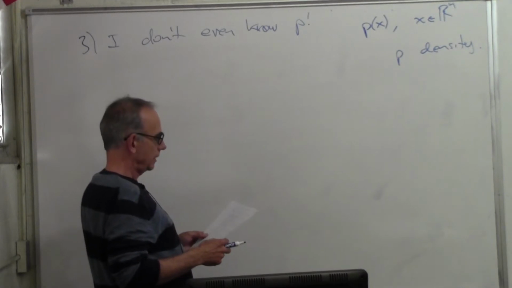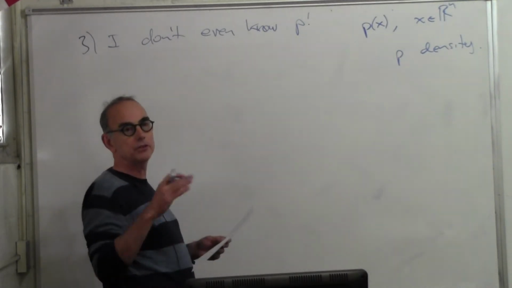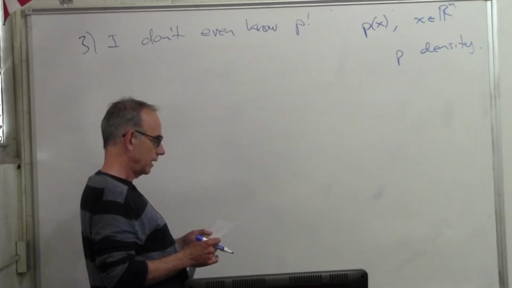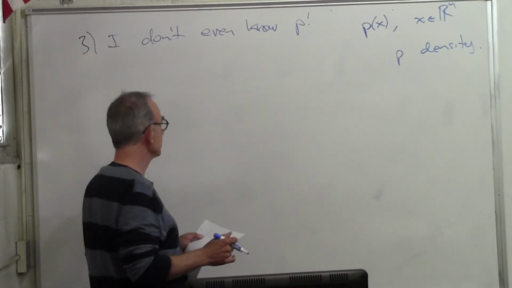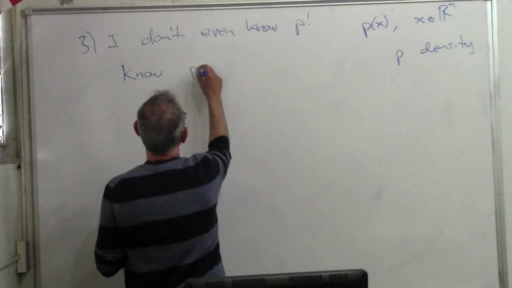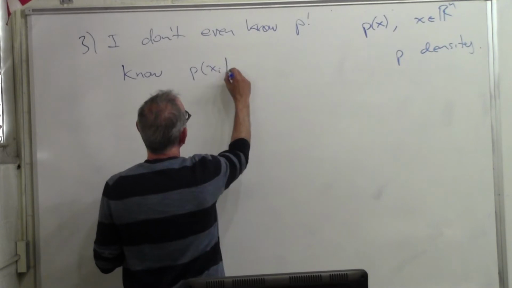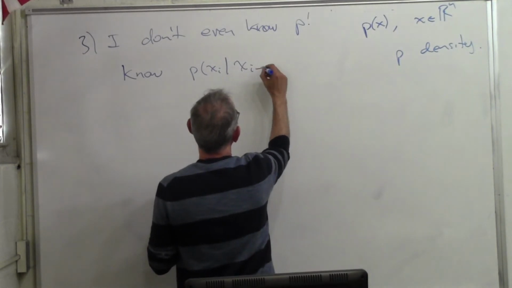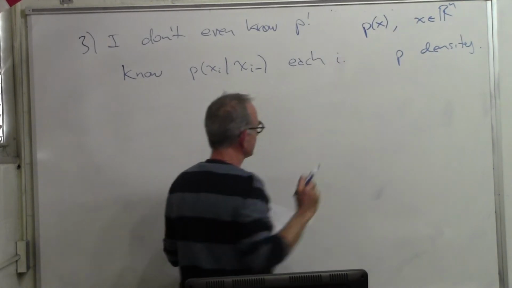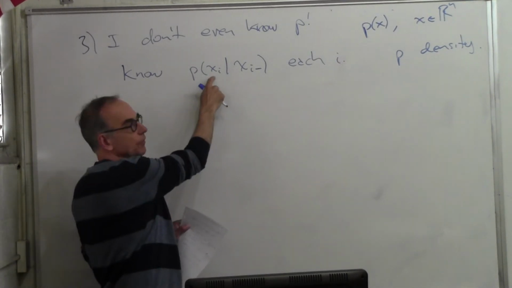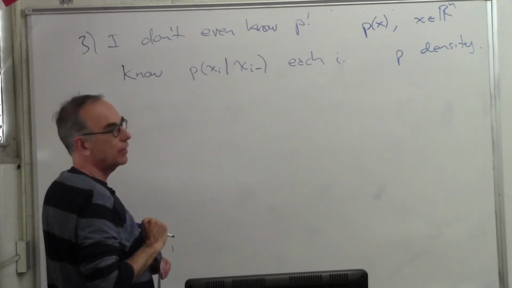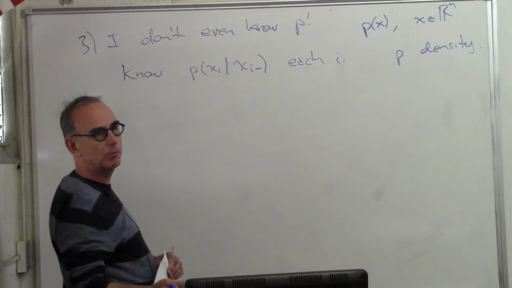So I don't know P, but I know its conditional distributions. So what I know is this: I know x_i given all the rest of the variables, for each i. This is data that's given to me, and typically it's simple.